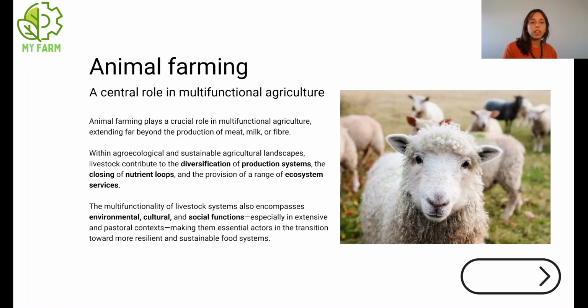The multifunctionality of livestock also encompasses environmental, cultural, and social functions, especially in intensive and pastoral contexts, making them essential actors in the transition toward more resilient and sustainable food systems.